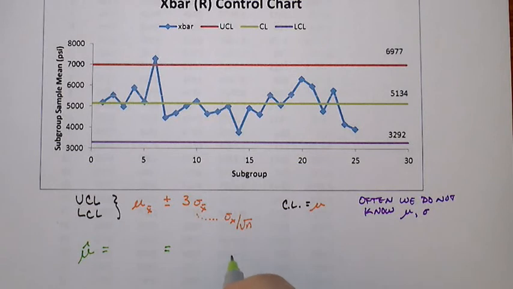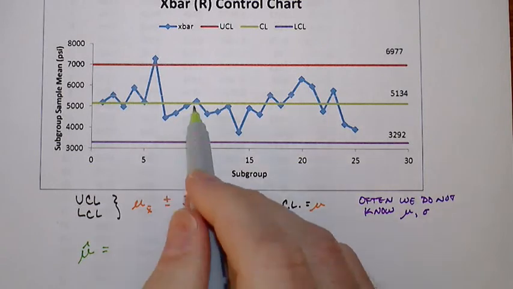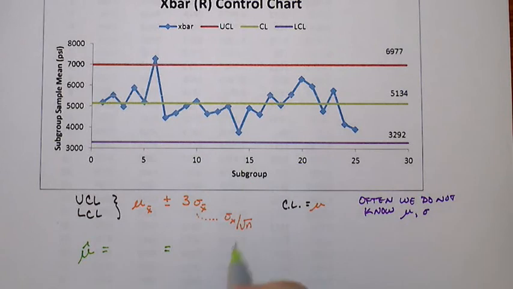We're going to take all of our data points, and remember that those are not individual samples, but those that we're plotting are actually the sample means for each of our subgroups. We're going to sum those up and find their average.